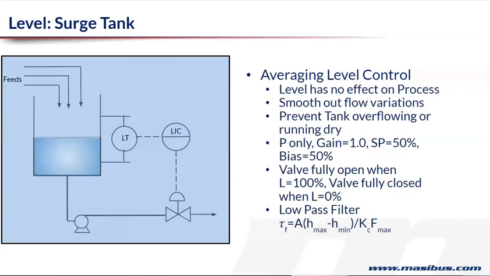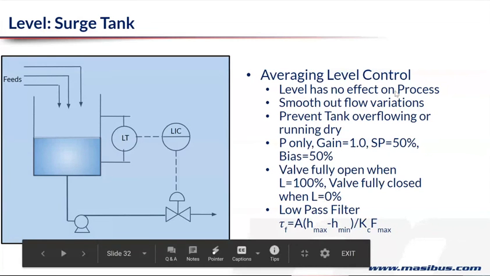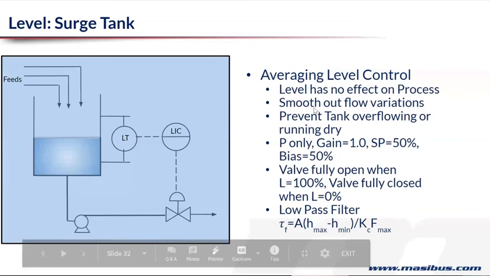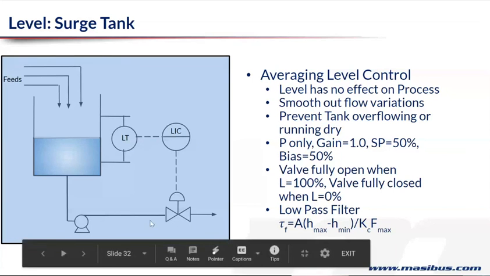Here is an example of a surge tank where you can do what is called averaging level control. Because, as I said, this level does not have so much effect on the process. It is only there to smooth out the flow out.